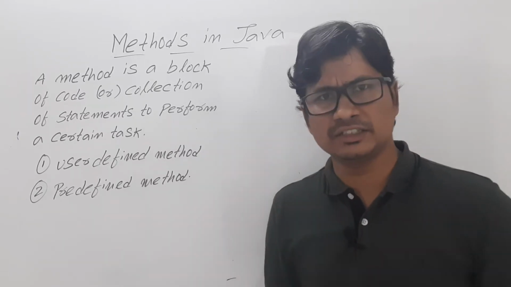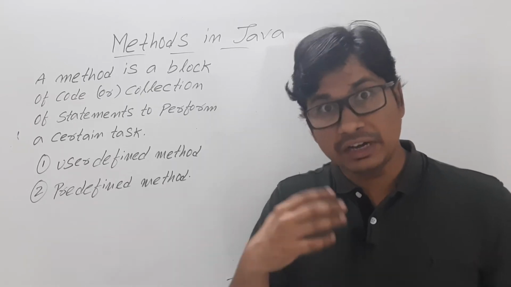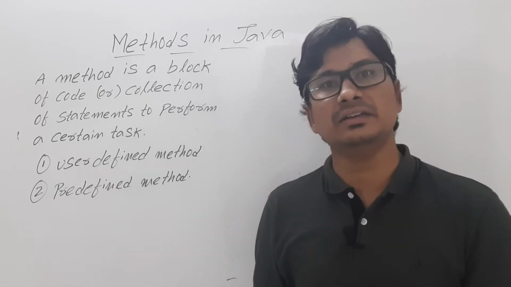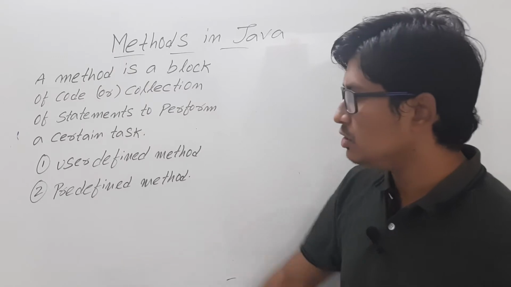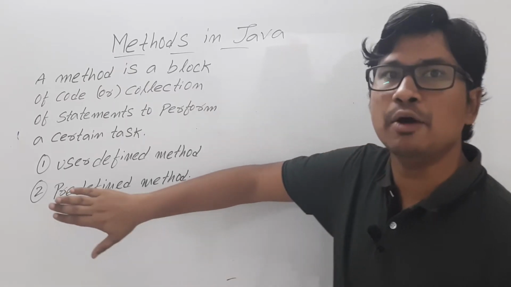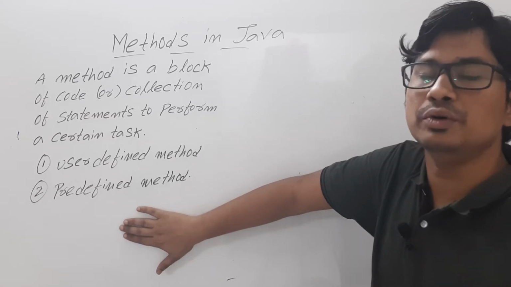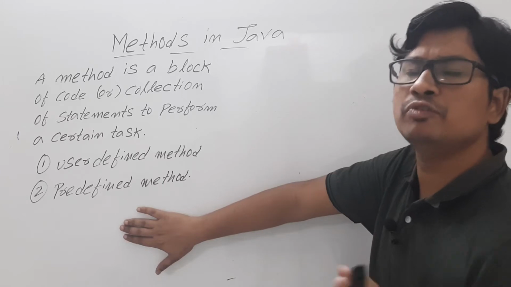Or lastIndexOf, all those methods we have discussed. For those methods, have we written any statements? We just call the method, am I right? We did not write any definition for such methods. The Java developers have developed some methods. They have written the code. We just need to call them. Once we call, accordingly it will perform the certain task.